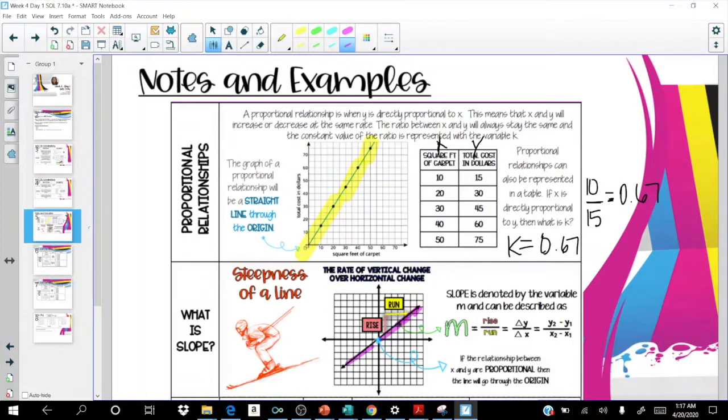So again, a change in y over a change in x. And then lastly, I want to point out again, if the graph represents a proportional relationship, then you have a straight line that will go through the origin, which happens here.